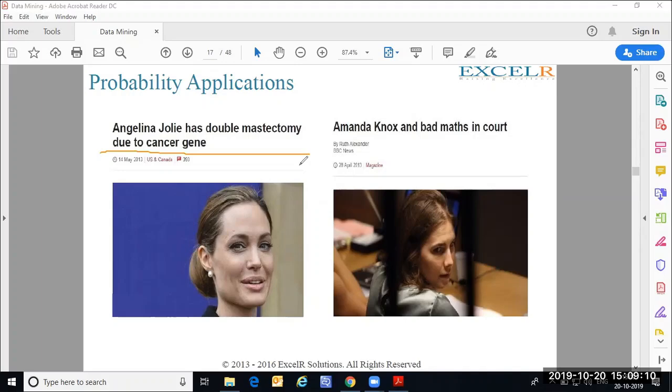Because of genetic reasons, she had not suffered from cancer by the time she underwent the treatment.